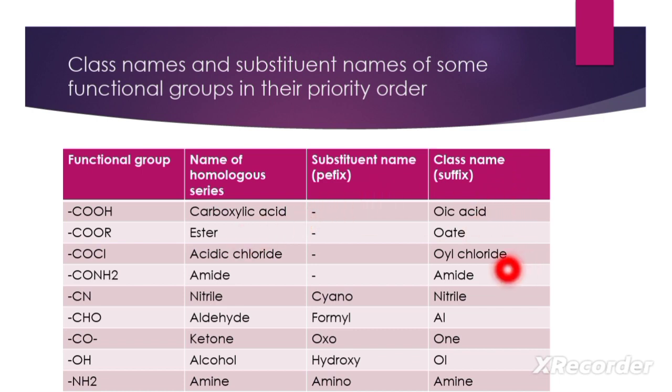So that is the difference. Here, these do not have a substituent name, no? That symbolizes that these can never be substituents. These are always the principal functional group. These can be both: either a substituent or the principal functional group.